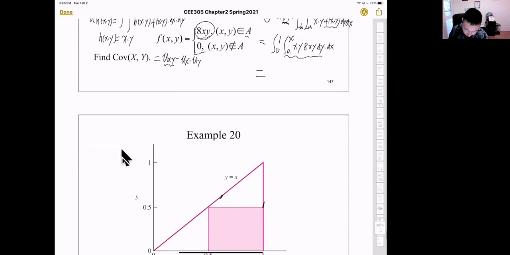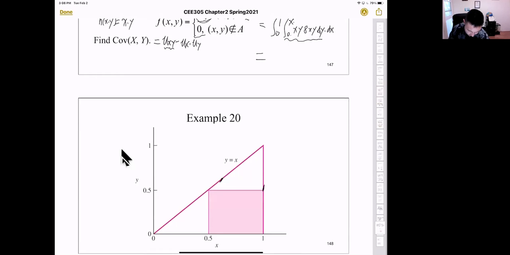That is because for a certain x, the range of y is between 0 here and x here, because this line is y equal to x. So first of all, we assume x is constant and do the integration for y, where the range is between 0 and x.